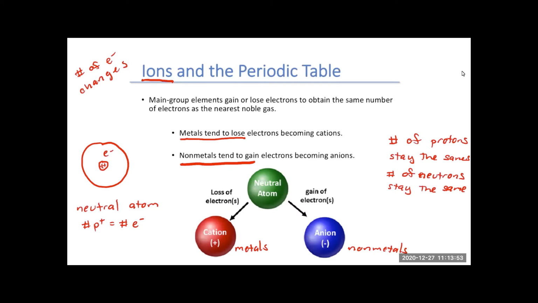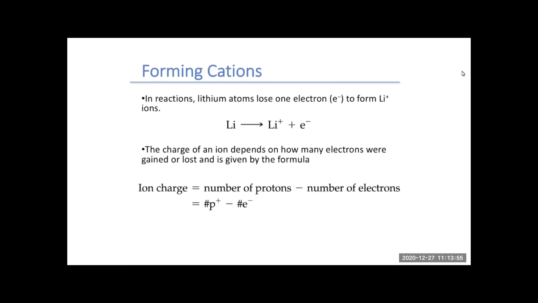And if we look a little closer at forming cations and anions, first, let's look at cations. Cations are when we tend to lose electrons. So that means we have more protons than electrons. So the number of protons is greater than the number of electrons.